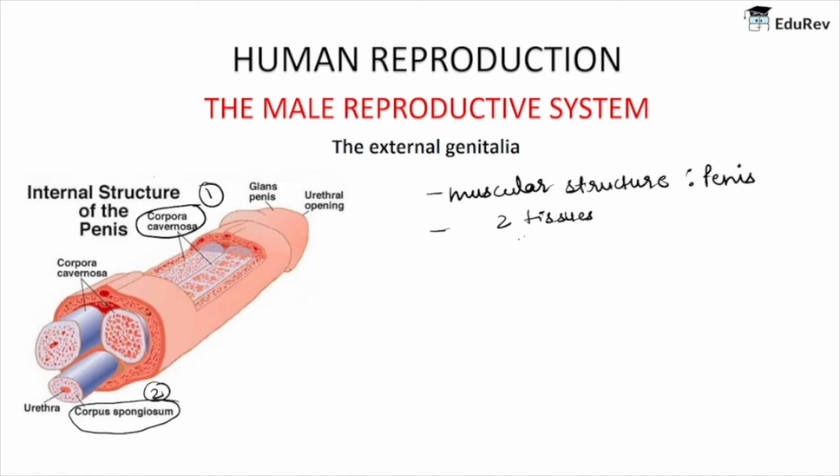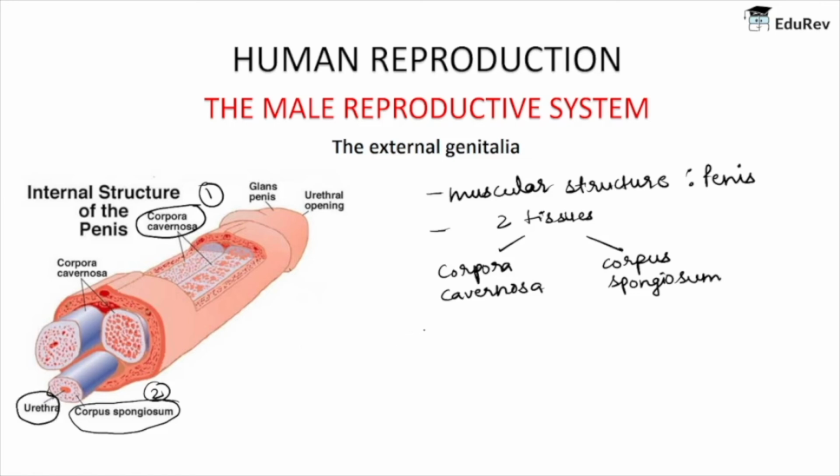Yes, what are the types? Corpora cavernosa, and second is the corpus spongiosum. Now look inside the corpus spongiosum. You will see that the urethra is running through the corpus spongiosum.